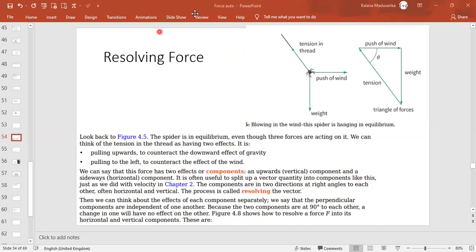If there is more than one or two forces, in any force diagram or force system, it doesn't matter. For a single object, let's say there are 20 different types of forces applied.